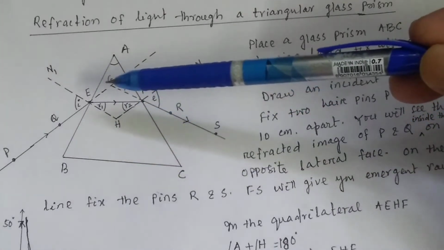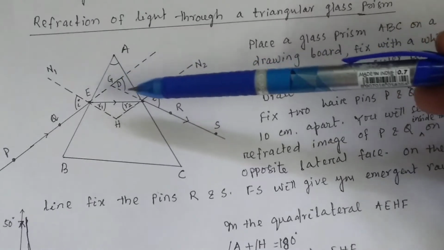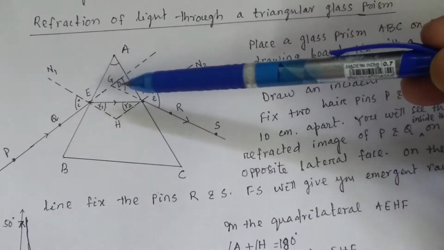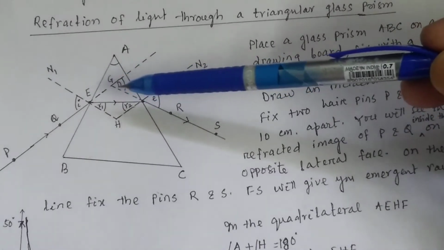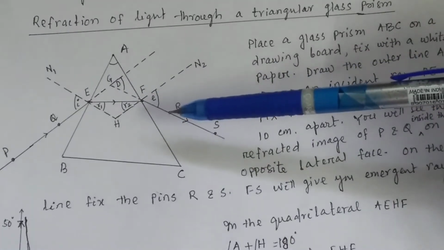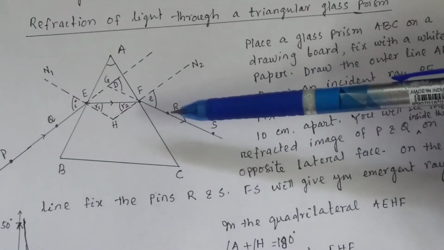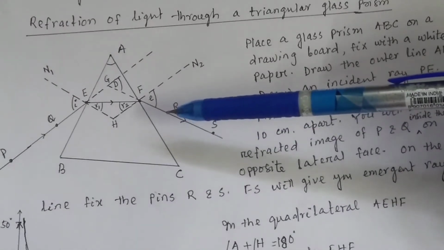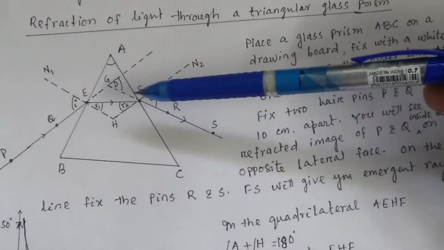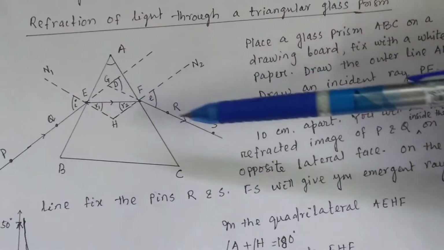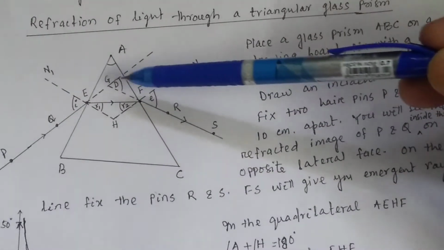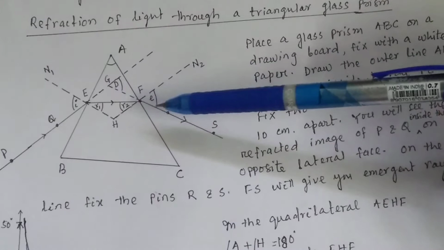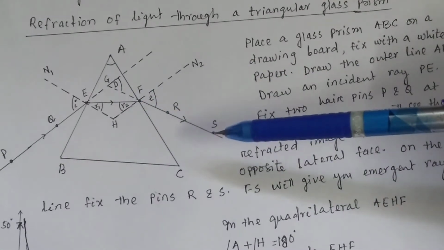Then looking at this refracted image of P and Q, you fix another two pins, R and S. R is for the refracted image of Q and S for the refracted image of P, and draw a line FS.